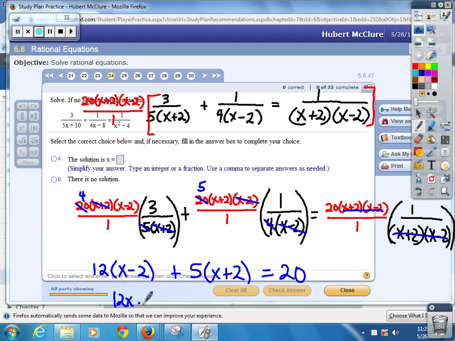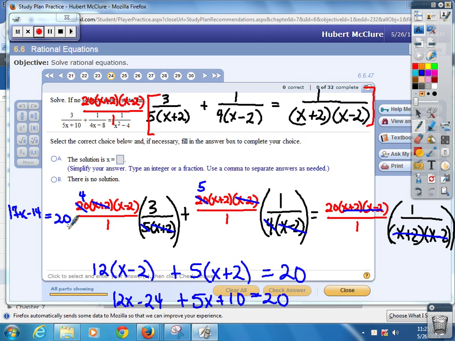Well, 12x minus 24 plus 5x plus 10 is equal to 20. 12x plus 5x is 17x. Negative 24 plus 10 is negative 14. Is equal to 20.